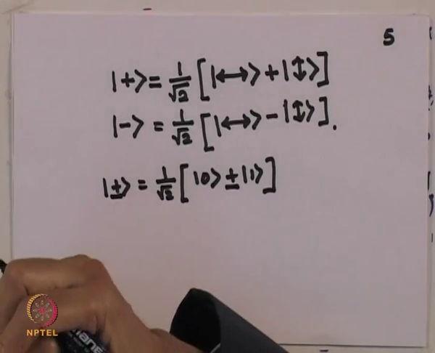We could also consider a situation where I take an atomic system when the electron is in the ground state of the atom, that's one of the states, and when the electron goes to the excited state, that's another state. So for instance, just to make it clear, supposing you take hydrogen atom. I know that when the electron is in the ground state, the energy is minus 13.6 electron volt.